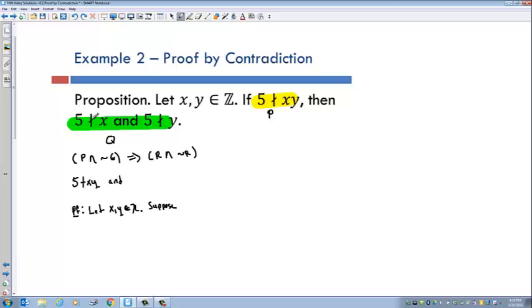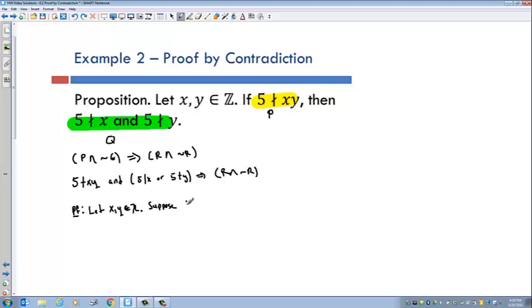Now not Q, remember this is really De Morgan's law. So not this becomes an or, and so 5 does not divide x. If it's not that, then 5 does divide x. So 5 will divide x, or 5 will divide y. And we want to show that this again implies some ridiculous statement, R and not R. And that will be our contradiction.